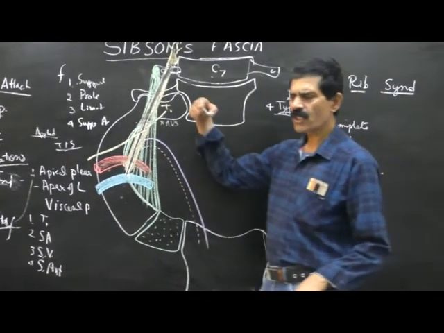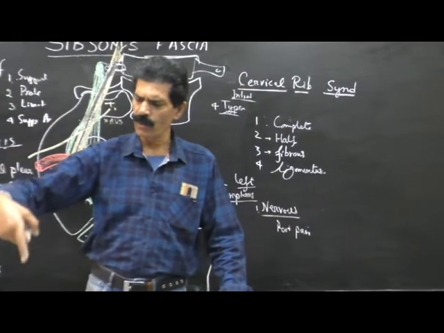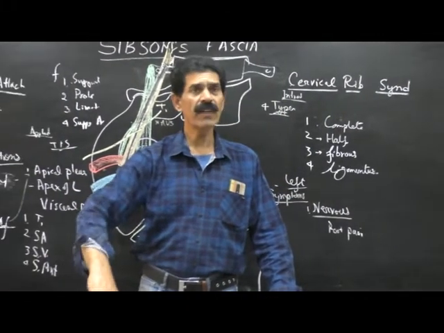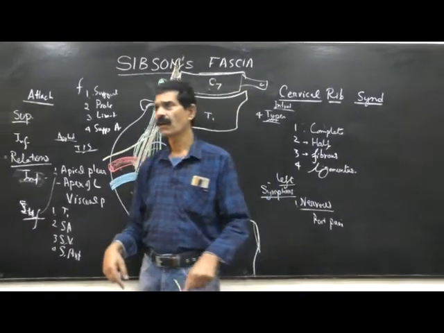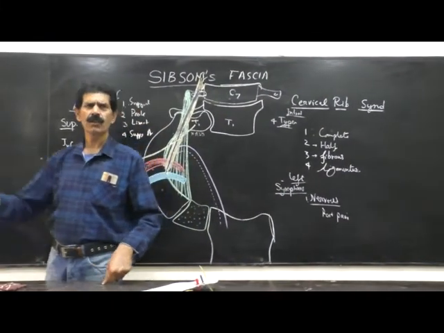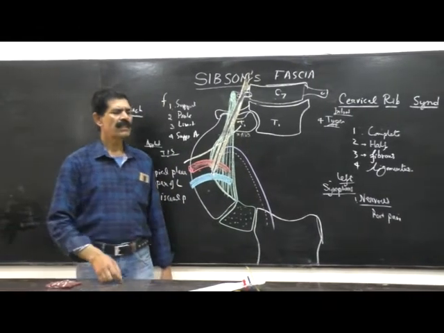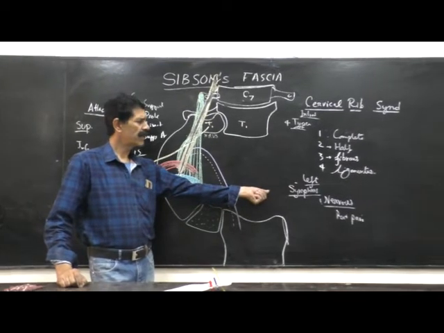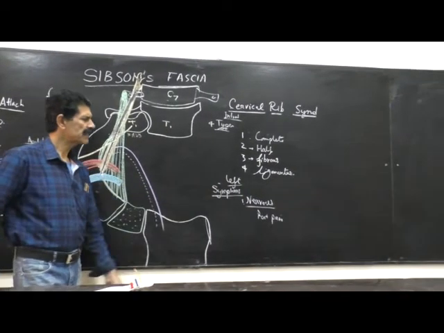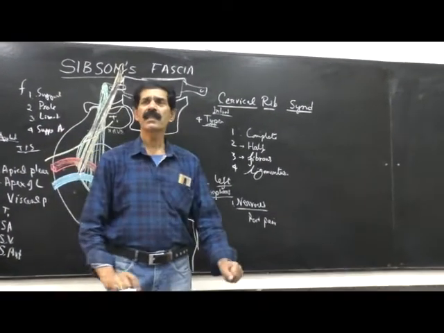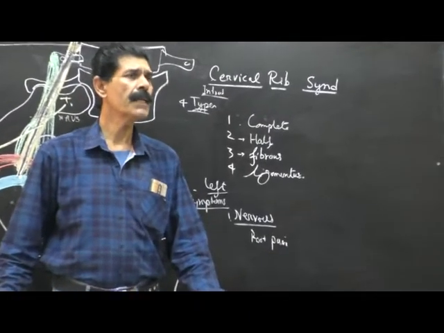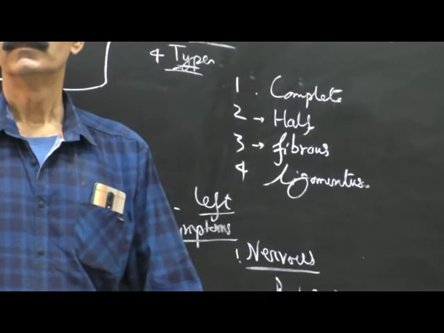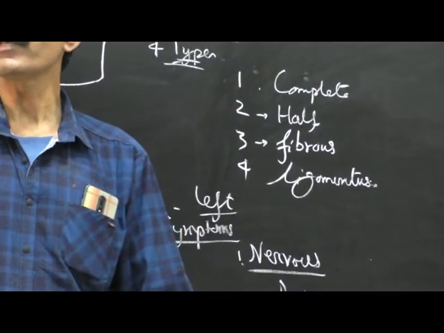Or if the cervical rib grows more and it presses the nerve more vigorously or more violently, almost pressing it through its thickness, then what will happen? Depending upon the nerve, if the T1 nerve is there, then the muscles supplied by that nerve will be weak. Their power of contraction becomes weak.